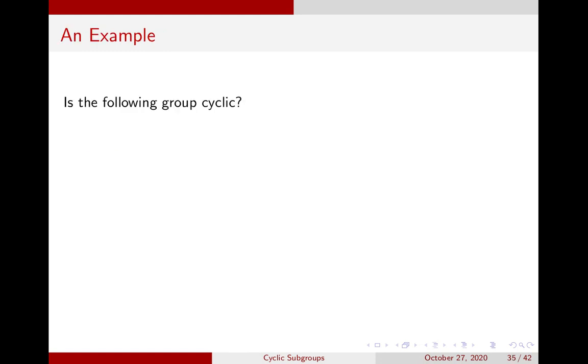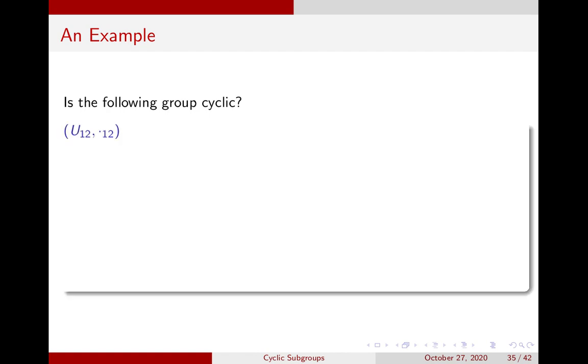So let's try a couple of examples here. Is the group U sub 12 times sub 12 a cyclic group? Well, I don't have a quick way of doing this problem. I'm simply going to calculate the cyclic subgroup generated by each of the four elements of U sub 12 and see if any of those is all of U12.